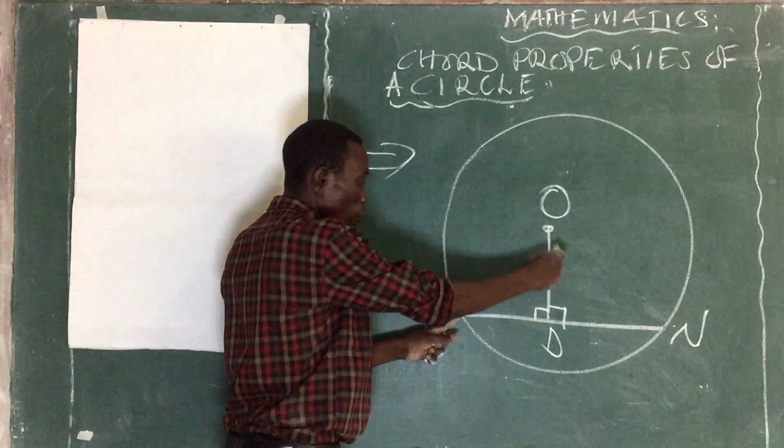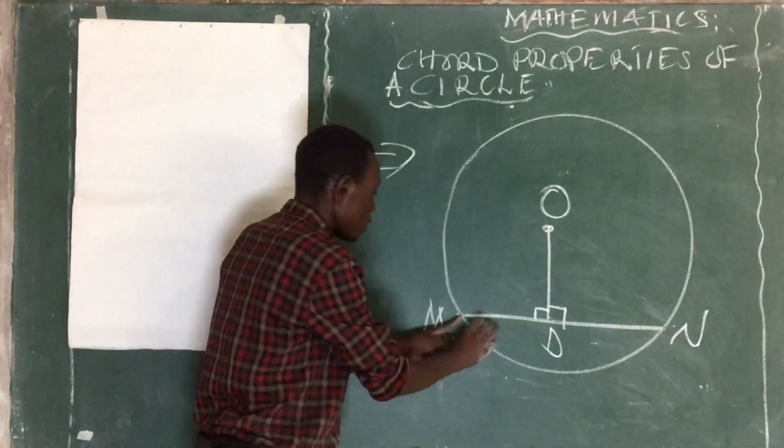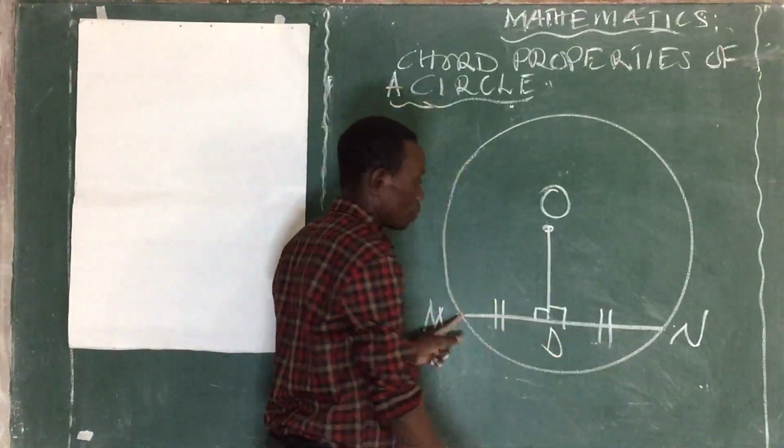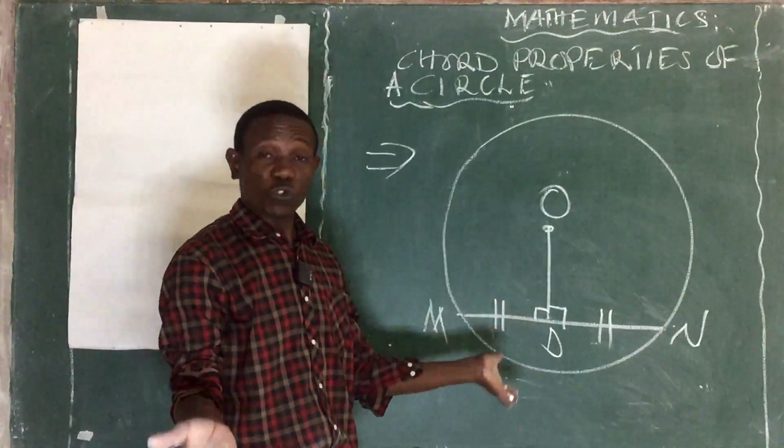Meaning, if OD is perpendicular to MN, MD should be equal to what? ND. Simple as that.